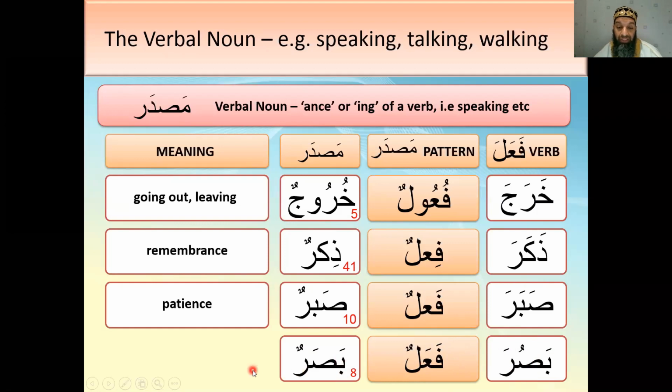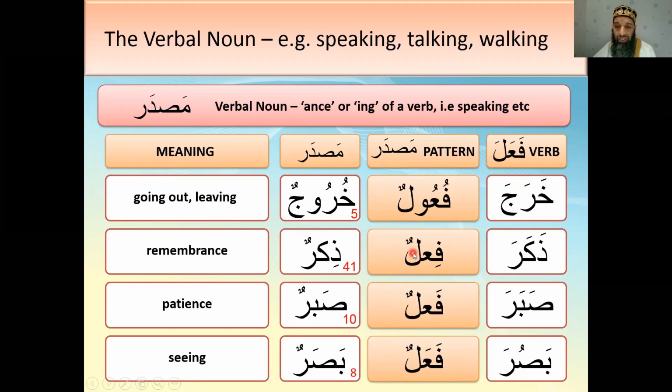And basarun means seeing. So it's not he saw, he sees, it's the actual thing that's happening, seeing. So that's how you convert a root word to its verbal noun, by putting it into one of these patterns. I think there's more patterns as well, but maybe these are the most used ones.